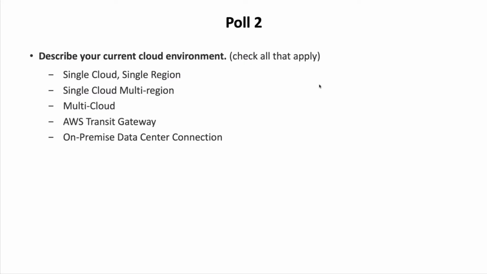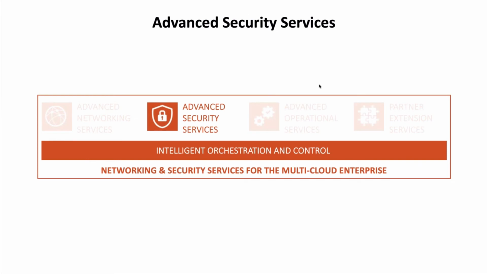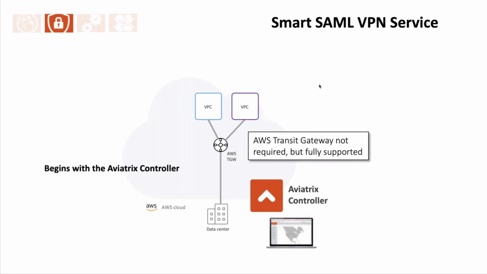Let me get back to the presentation here. So now let's go into the advanced security services where we can talk about some of the details of the smart SAML VPN solution. As I mentioned with the networking solution, this starts with the Aviatrix Controller. Being able to understand what VPCs are involved, what connections to the data center are involved, and this works with the AWS Transit Gateway, but doesn't require the AWS Transit Gateway.